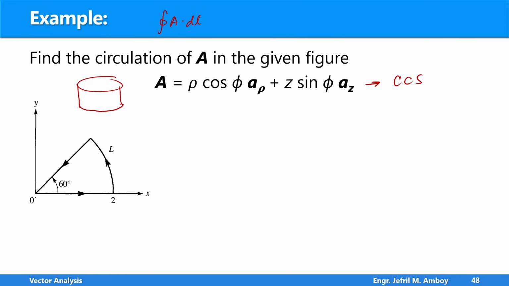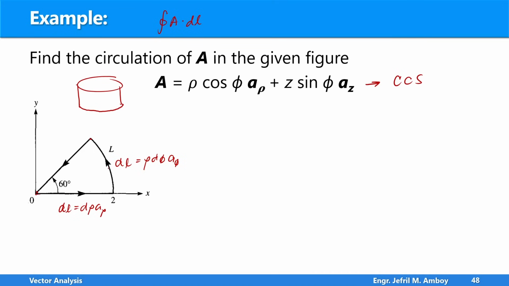That means that this segment or path is along the radius of the cylinder. So its dl is equal to d rho a_rho. And this curved path would have a dl equal to rho d phi a_phi, and of course the dl for this segment is also d rho a_rho.